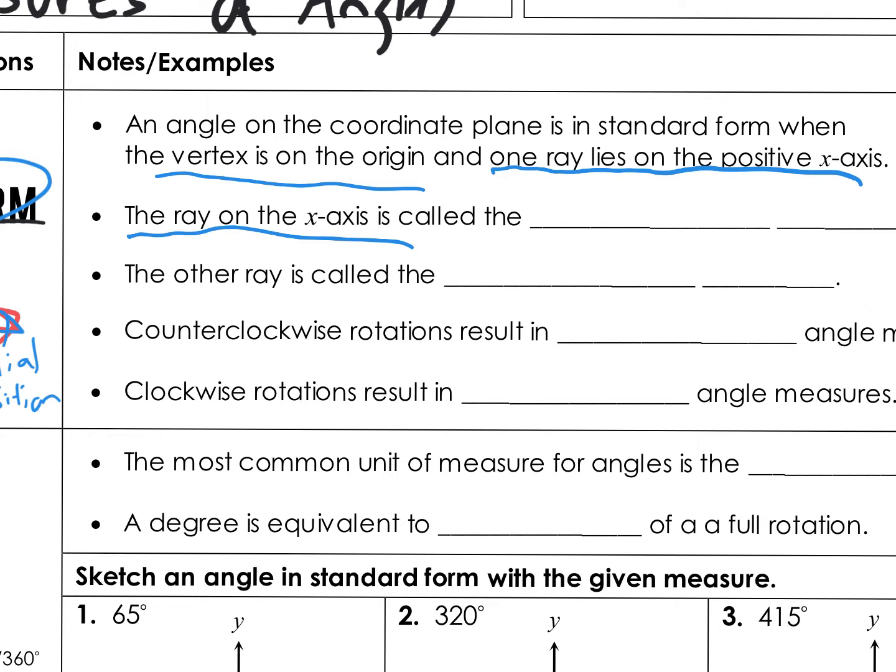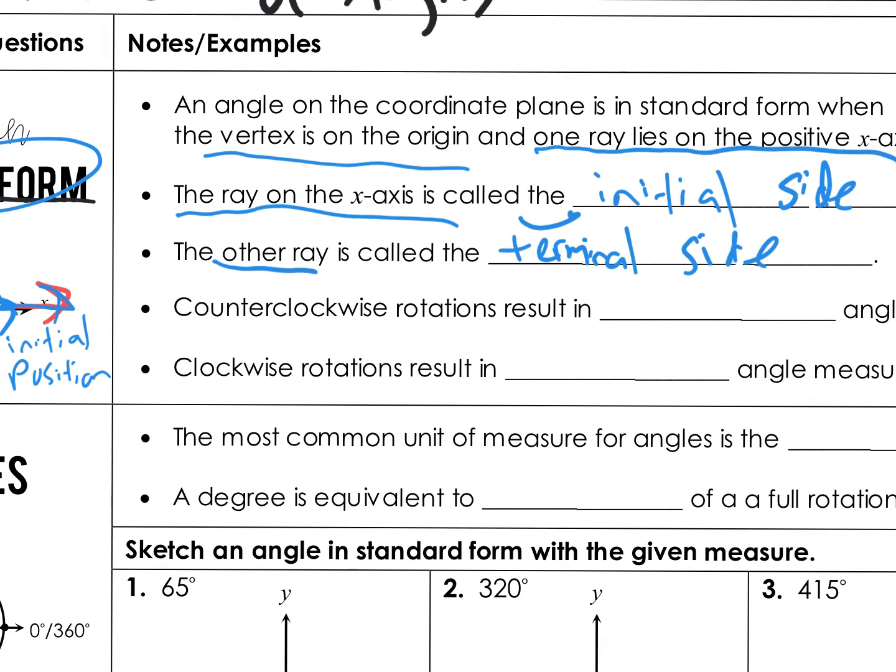The reason I think she used the word side is because initial position doesn't really sound like a thing. So I think she meant side, which is true. I said it was in the initial position. The name of that side is called the initial side. The other ray is called the, Arnold Schwarzenegger, terminal side.